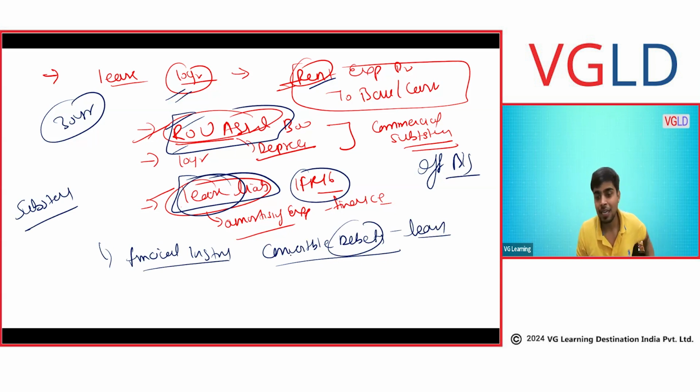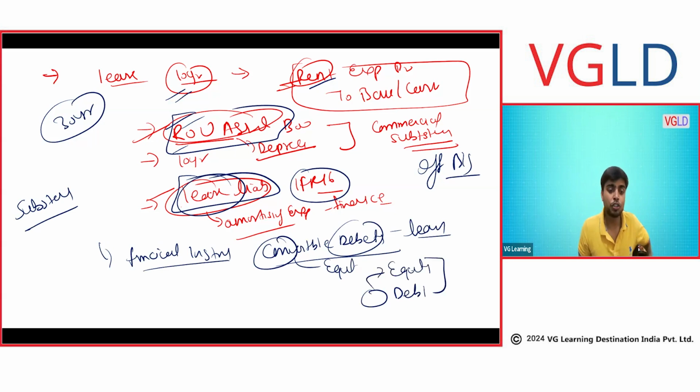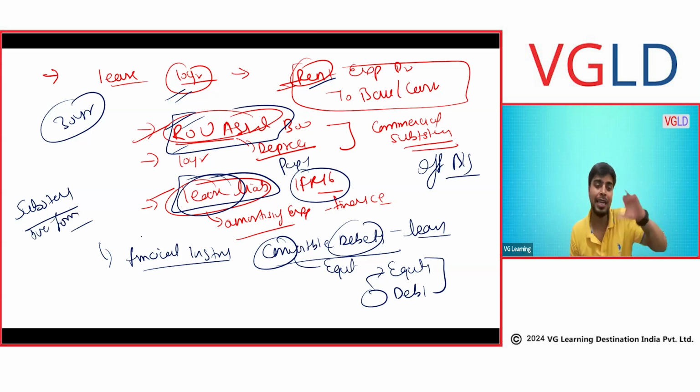But in substance, if this debenture would be converted into equity, some portion should go to debt and some portion should go to equity. So we should show the transaction in its substance, in its real form, not in its paper form. Substance over form, substance over legal paper. We should see the real picture instead of just the legal picture of the instrument.